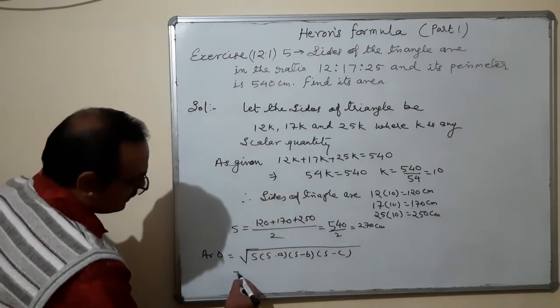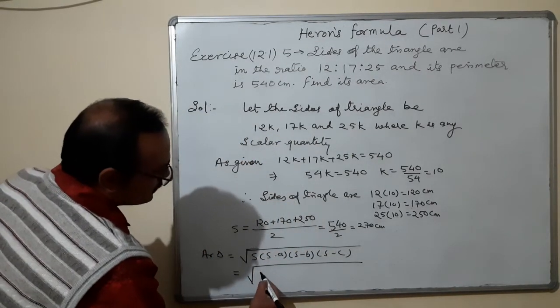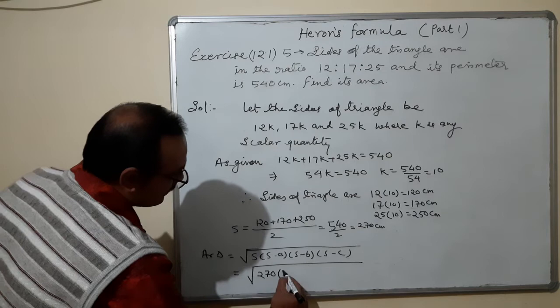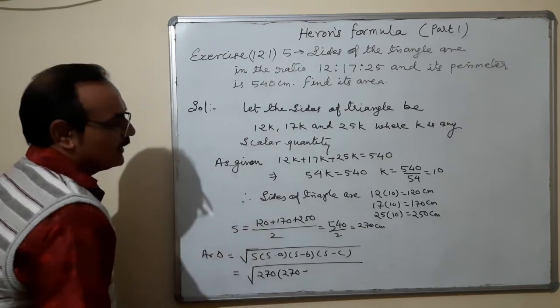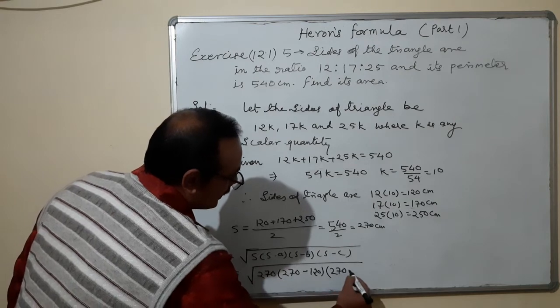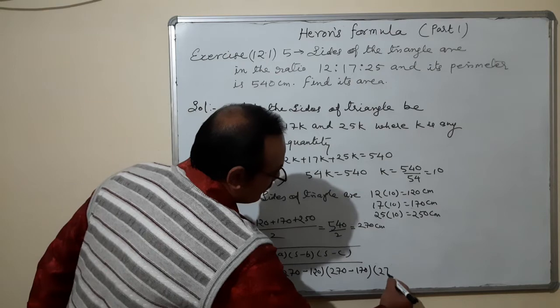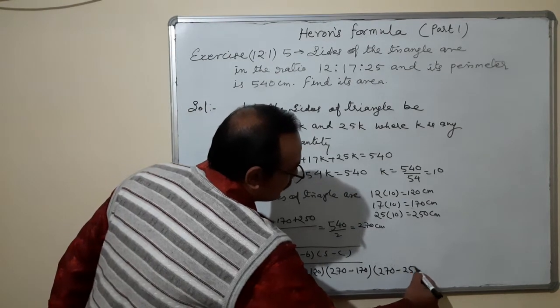Okay. What is S? 270 minus A, 120, 270 minus B, 170, and 270 minus C, 250.